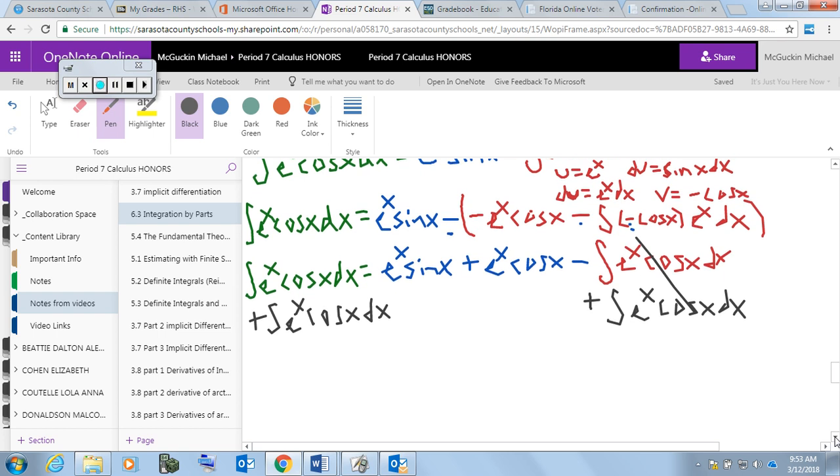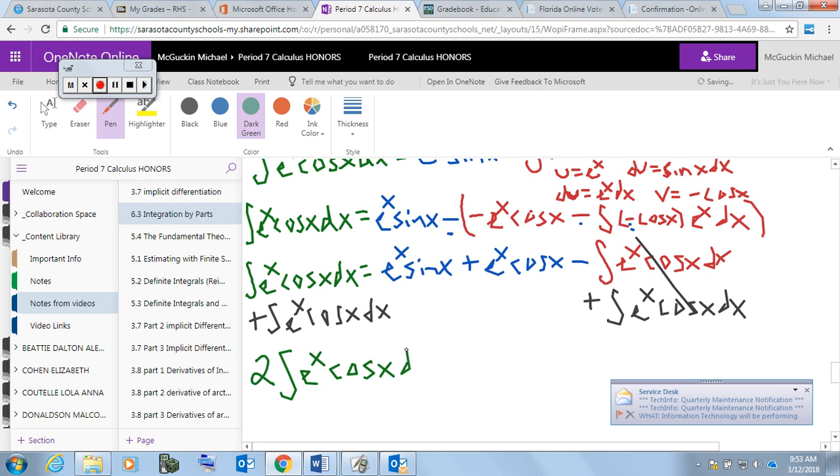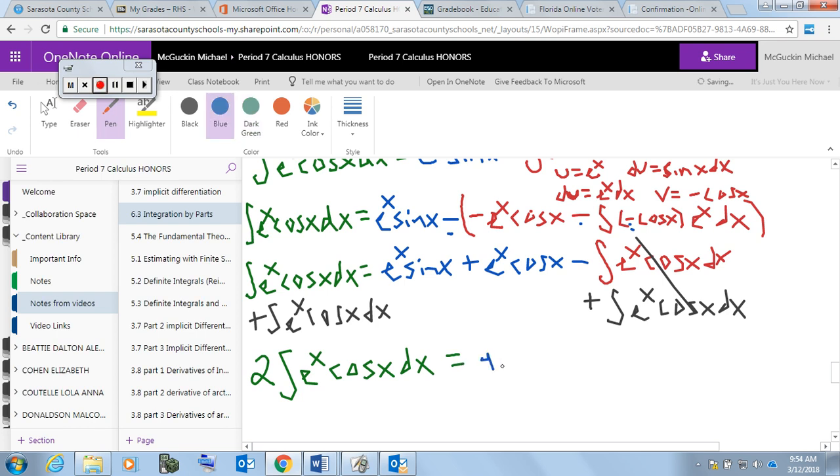And so this really just ends up showing us that we have two integrals of e to the x cosine x dx. And that still is equal to our blue part of our right side.